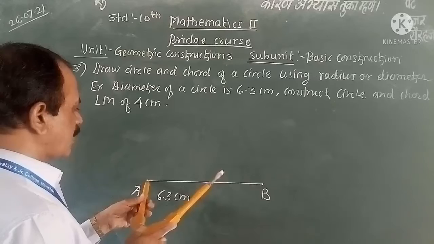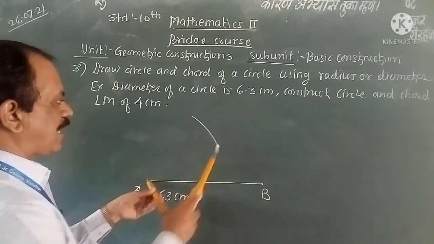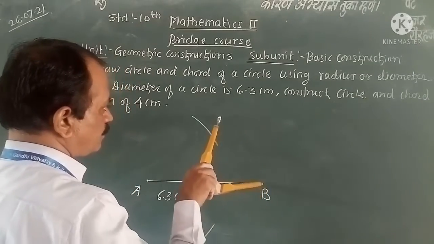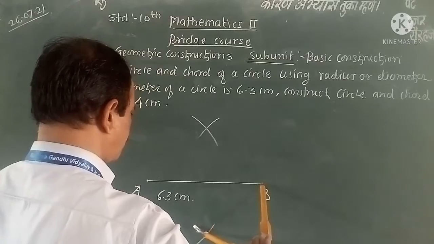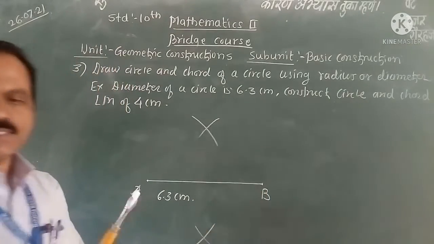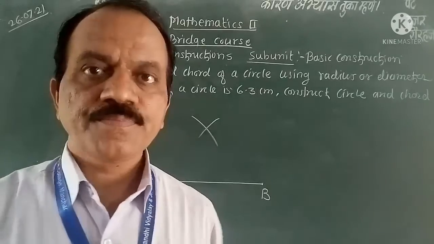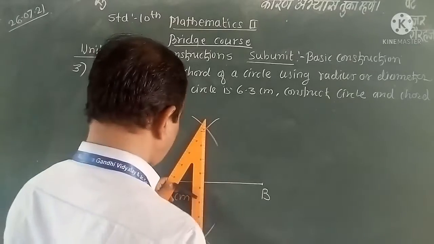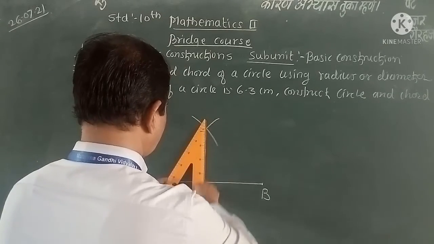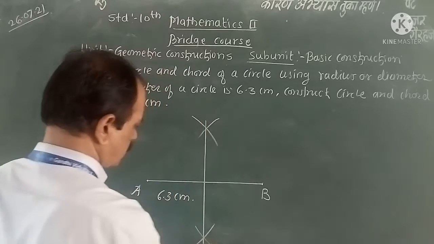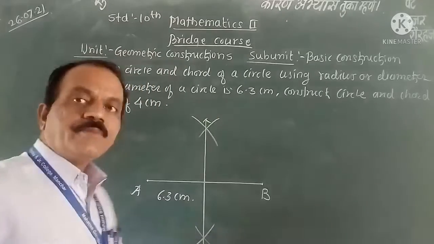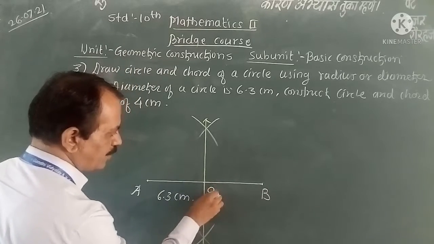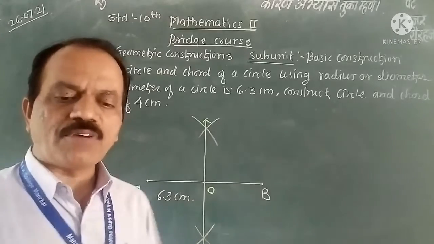Take a distance in your compass which is greater than its half. Then join these intersecting points. This is a perpendicular bisector. Here the point of intersection is given the name O. O is the center of our circle.